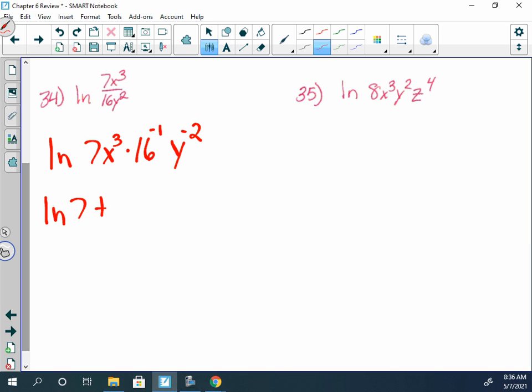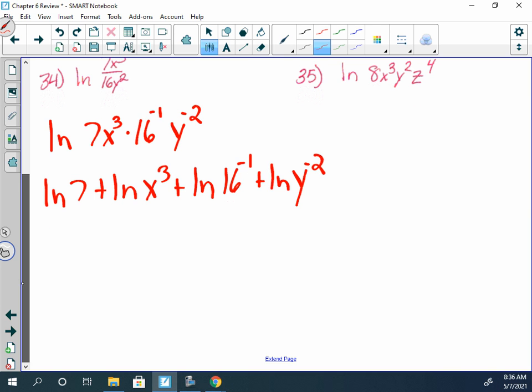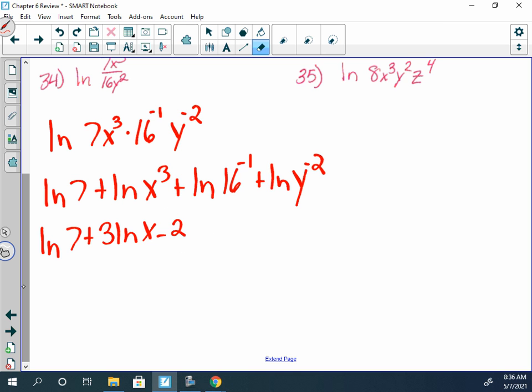Now we can split it up according to our multiplication property and our exponent property. We're going to get there.